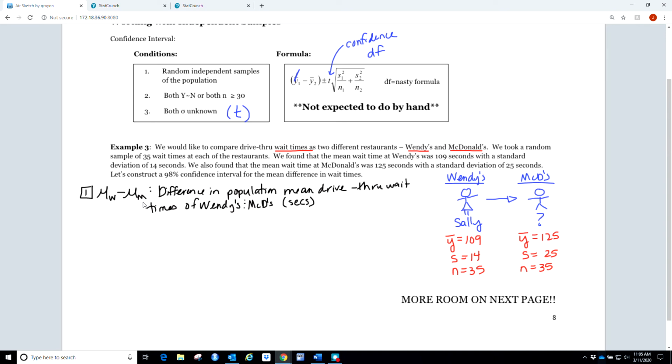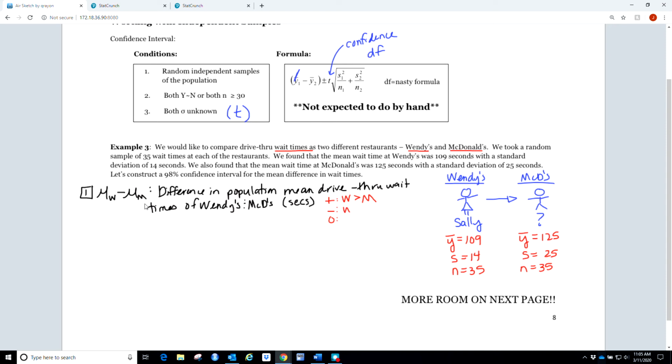But let's also take a moment to think about what it would mean if I got a positive number, a negative number, or 0. So if my order of subtraction is Wendy's minus McDonald's, and I get a positive number, the first value has to be bigger than the second. So Wendy's would have the larger time than McDonald's.